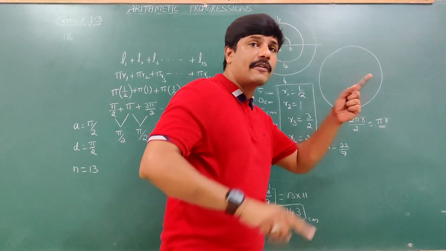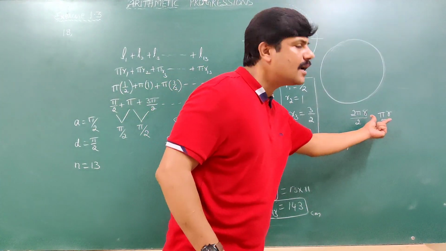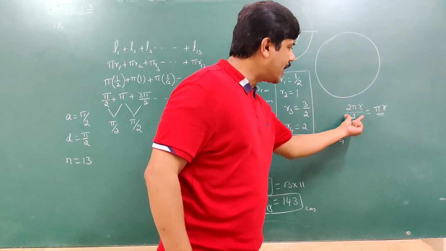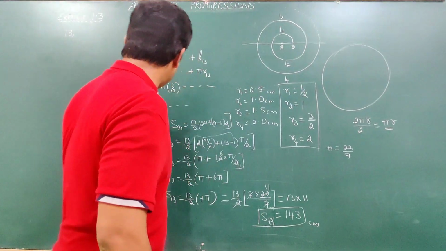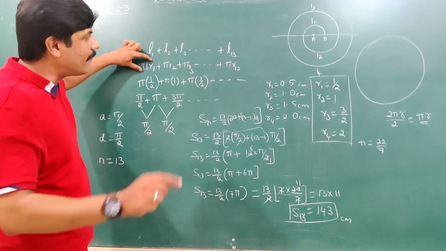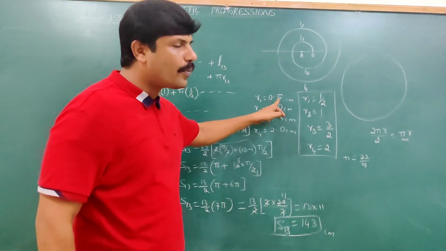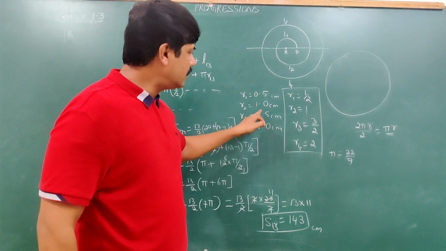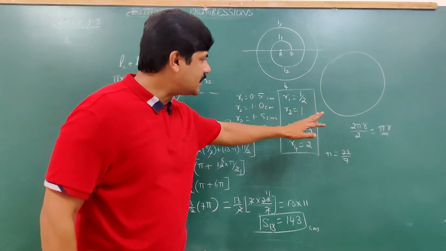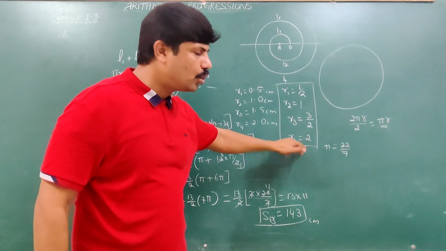The circumference of a whole circle is 2 pi r, but the circumference of a semicircle is pi r, after dividing 2 pi r by 2. So substitute pi r everywhere. So pi r means the length of one semicircle. But the r values are given: 0.5, 1, 1.5, 2, which we have converted to half, 1, 3 by 2, 2, etc.